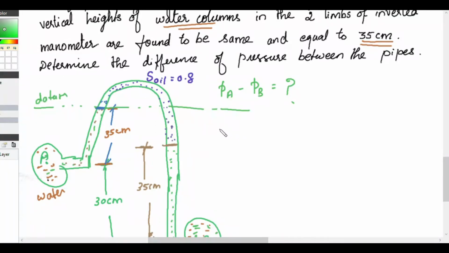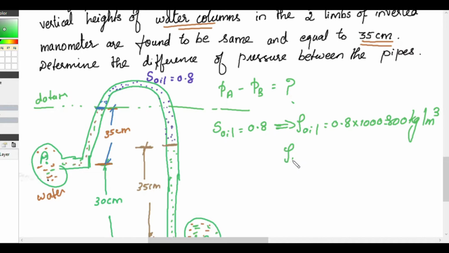The given things are: specific gravity of oil is 0.8, which means the density of oil is 0.8 into 1000, we get 800 kilogram per meter cube. And we know the density of water is 1000 kilogram per meter cube.